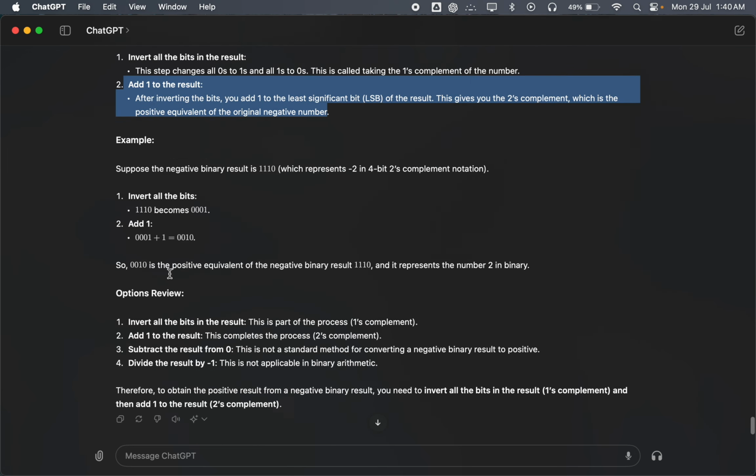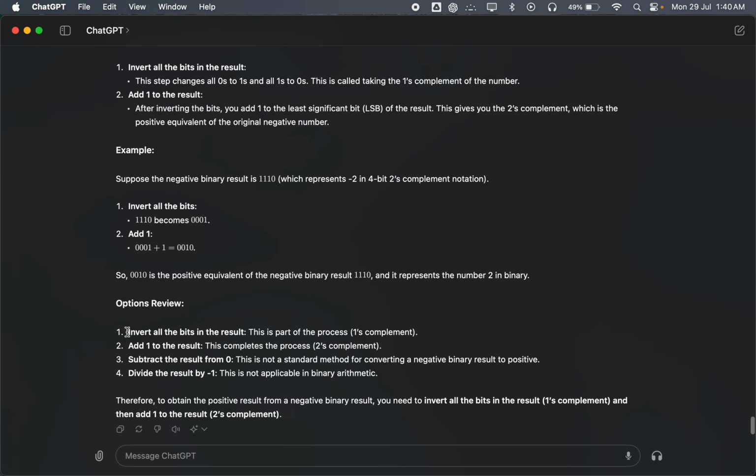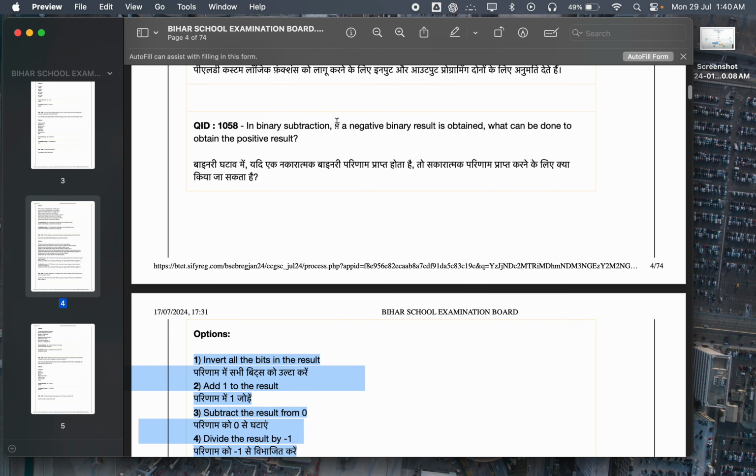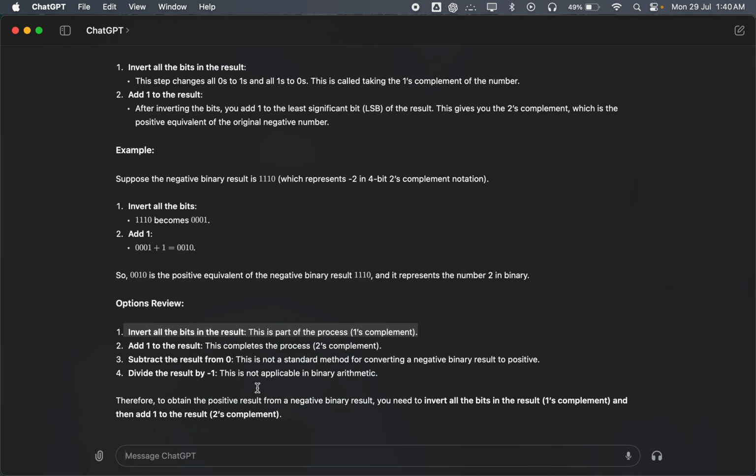So none of the options make sense actually. Okay, what is the question? It's not saying that if you just do all the steps, you will get a positive number. It just means to say it is a part of the process. So we first have to invert all the bits, and we also have to add 1 to the result.